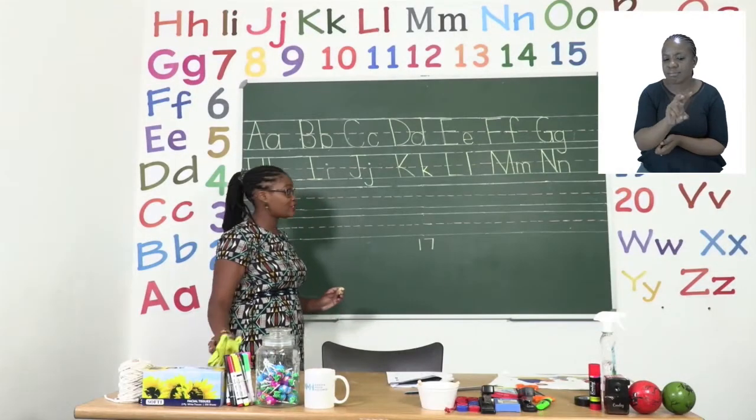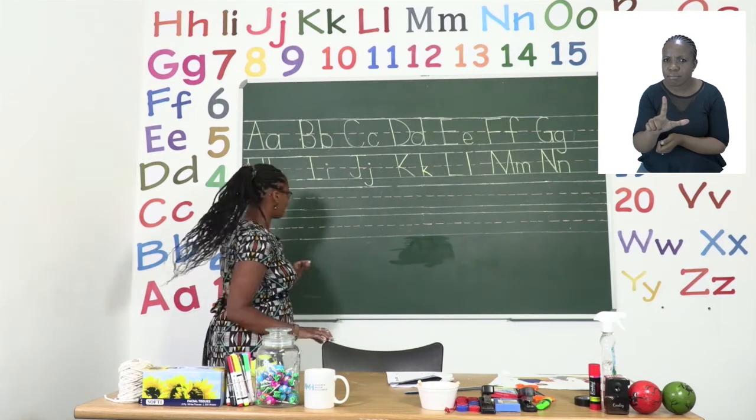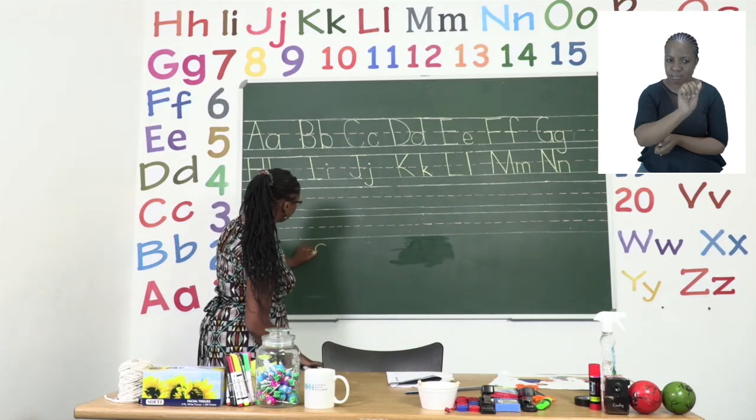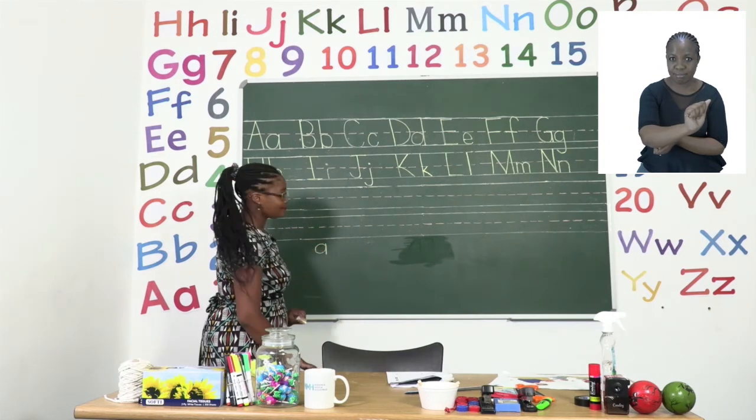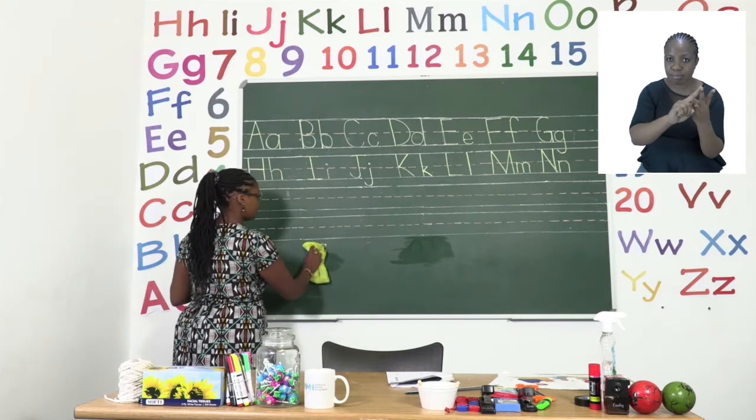Vowels, my dear children, are the letters A, then we have, let me write it in the line.